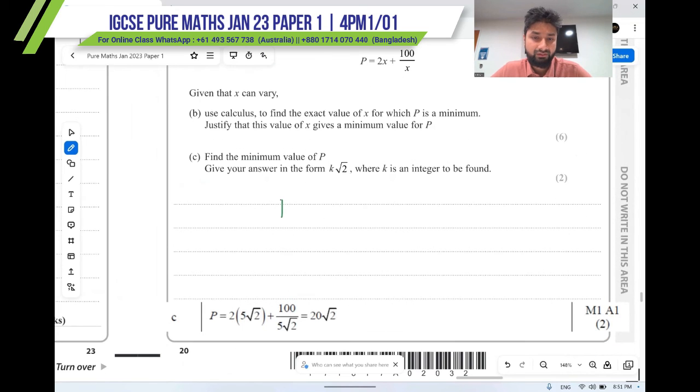So let's try to substitute that. You can see that over here, they have substituted, instead of x, 5 square root of 2, and then 100 over 5 square root of 2. So when you substitute that, you can get the value of p, which is 20 square root of 2. You can use a calculator over here as well.